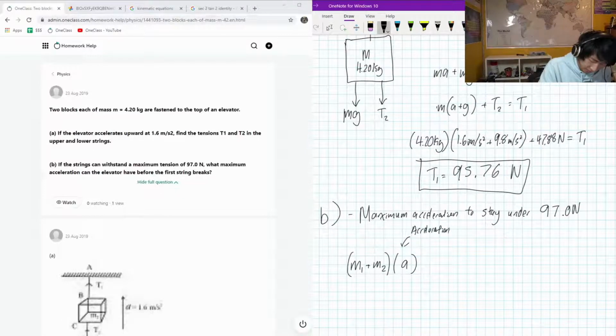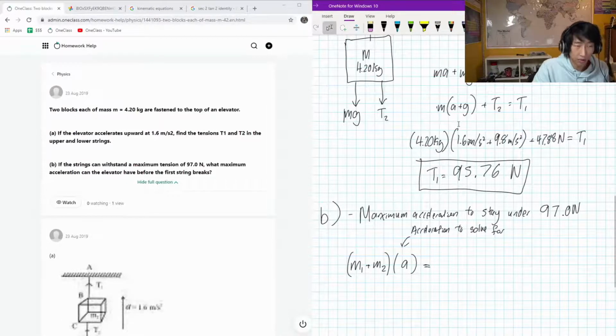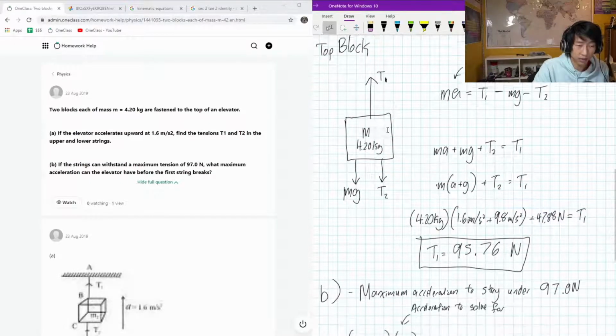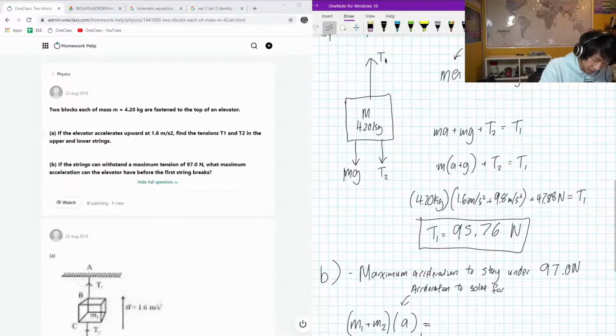Acceleration to solve for. This is going to be set up in the same way. It's going to be the tension upwards. Whoops, it's not going to be the total mass, my bad. It's just going to be one of the masses.